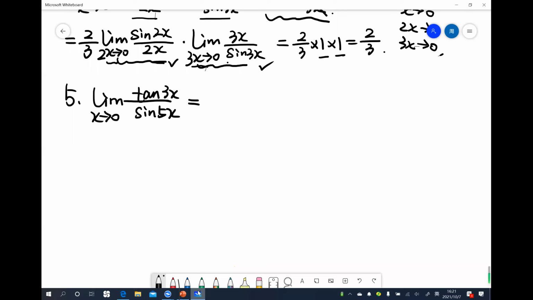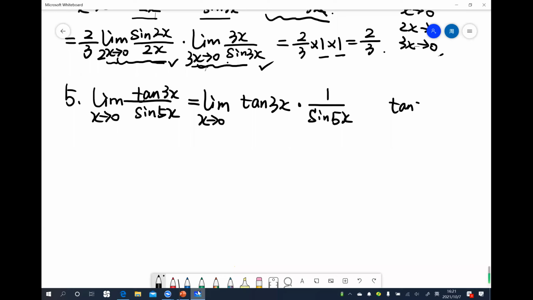Here, we use the same way as question number 4. We first change it into two parts: tangent 3x times 1 over sine 5x. This is the first step. Then if we want to use the formula, we should rewrite.